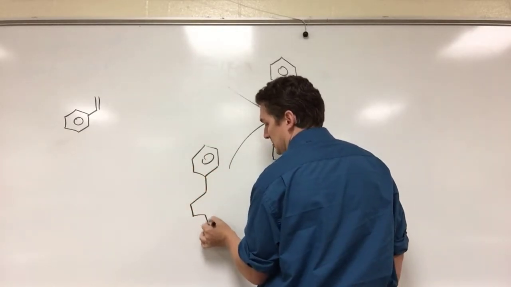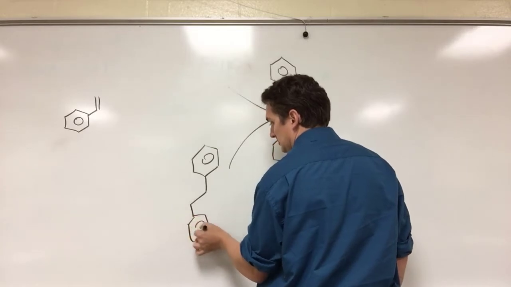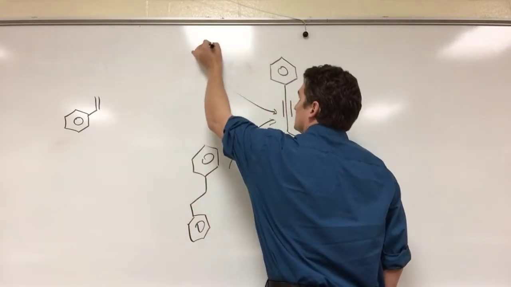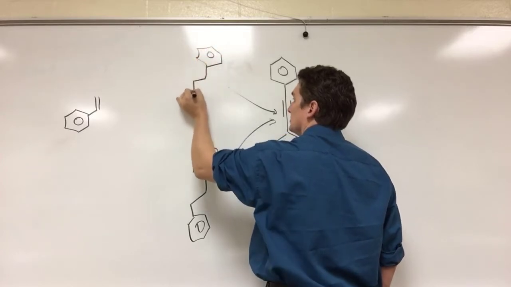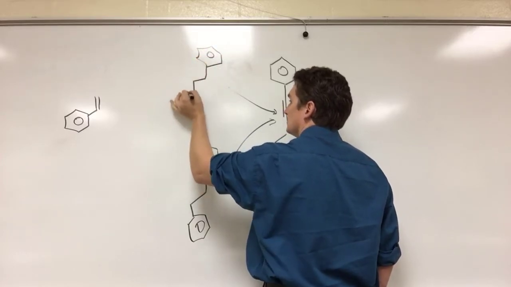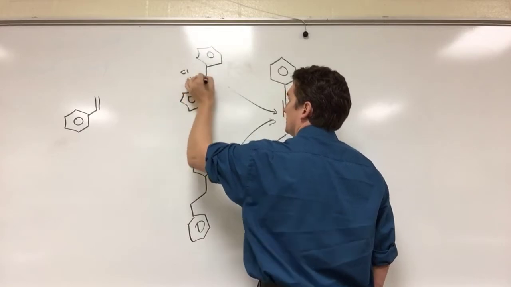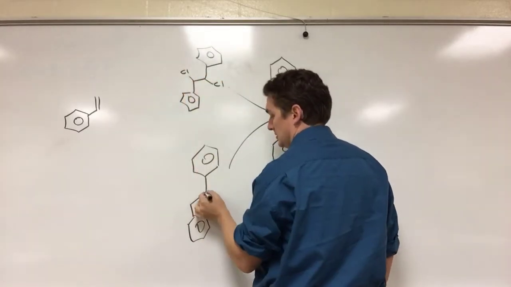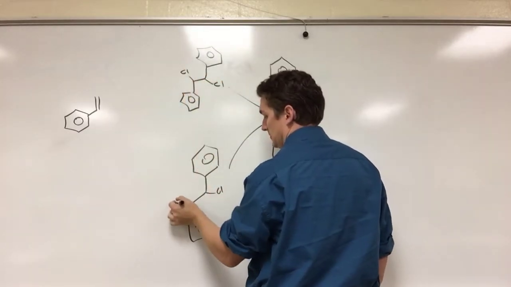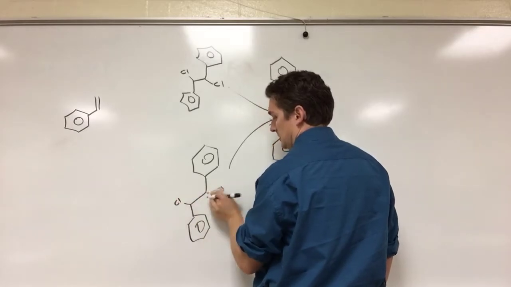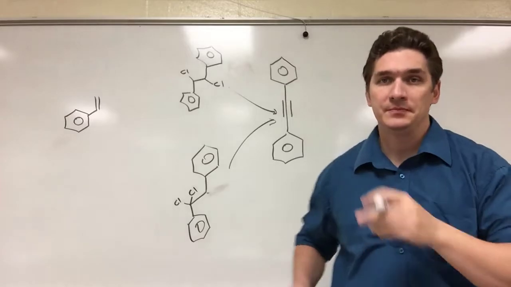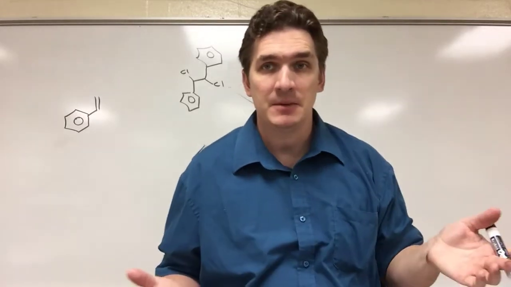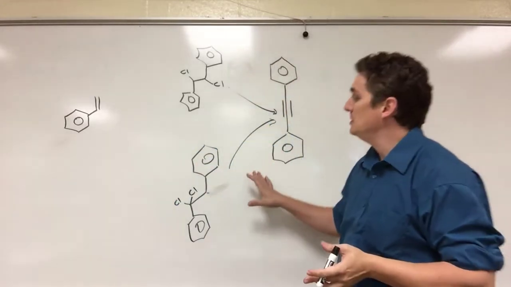So once you see this alkyne, you've got a couple options at your disposal. The halogens can either be vicinal or they can be geminal. Doesn't matter. The point is that we've got two of them coming off.